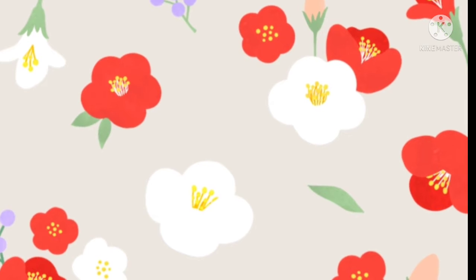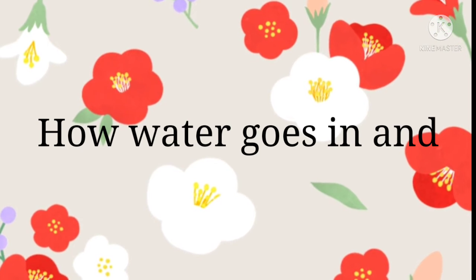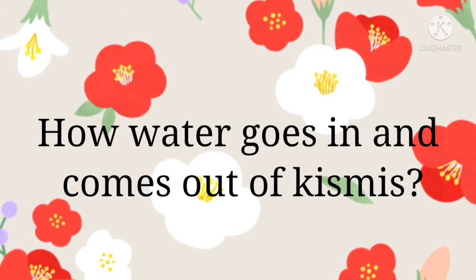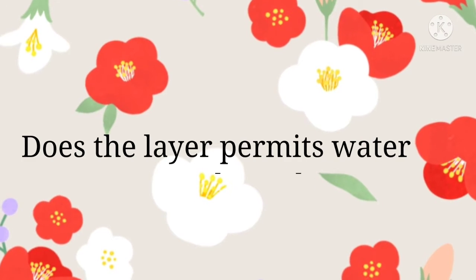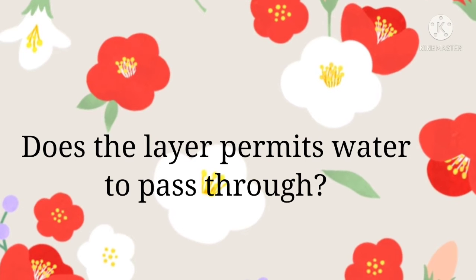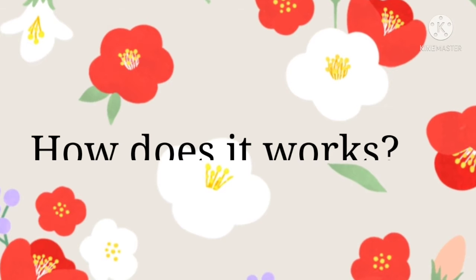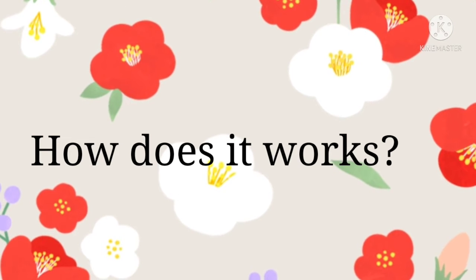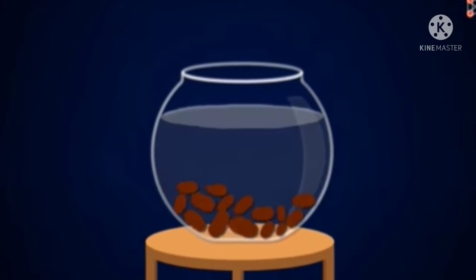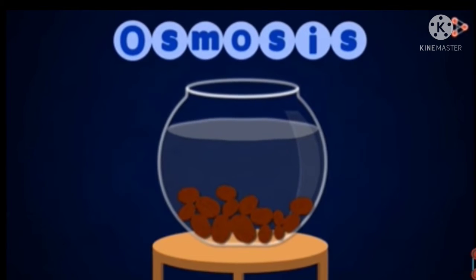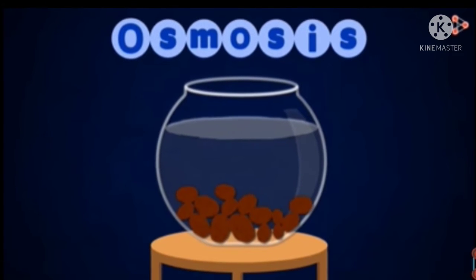So children, let us think of the answers to the following questions. How does water go in and come out of kismis? Does the layer permit water to pass through? And how does it work? So I am going to explain. The cells in the outer layer of the kismis permit water to pass through. This process is called osmosis.